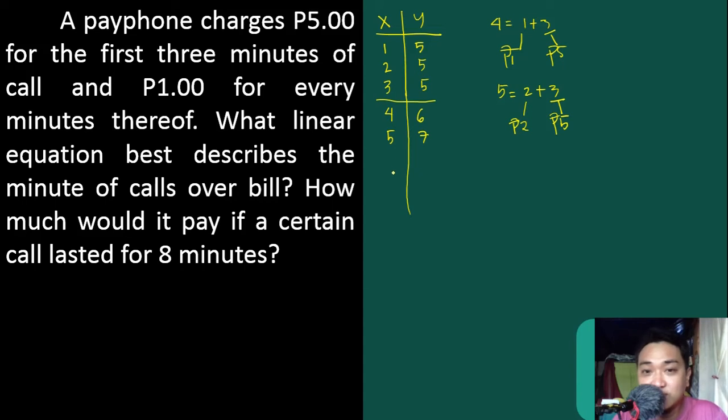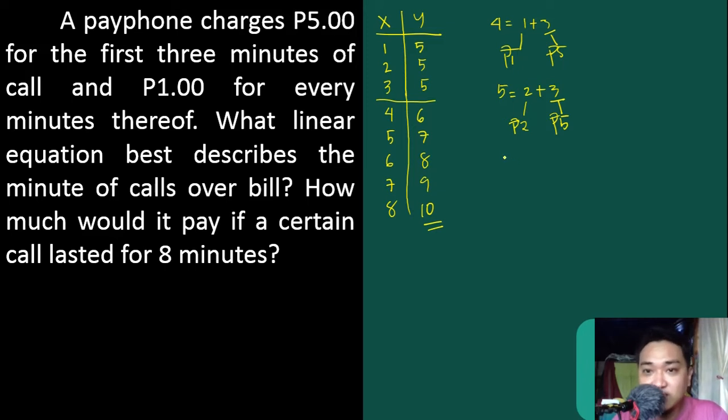And we could go on, 4, 5, 6, 7, 8. Ito naman 6, 7, 8, 9, 10. Ayan. So sa madaling salita, yung babayaran natin if our call lasted for 8 minutes is, I think, 10 pesos. So subukan natin.